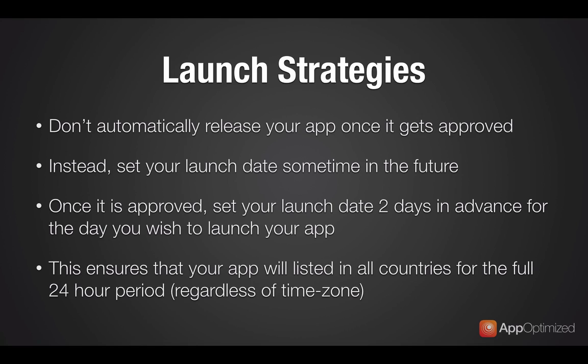Let's say, for example, Japan may only have 8 hours of seeing your app being launched on that day if you were to launch it at a different time zone. So you want to set your launch date 2 days in advance so that regardless of what time zone the App Store is opening at, your app will be launched right when that 24-hour cycle restarts in whatever country it's being launched in. And so you can maximize the visibility and exposure for all the app stores in all countries for that full 24-hour period.